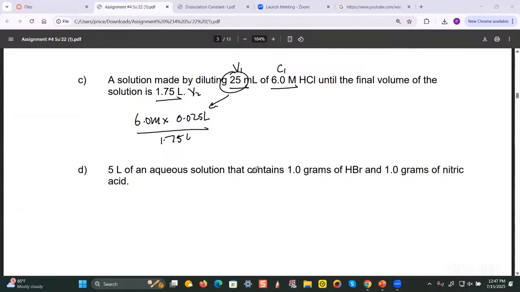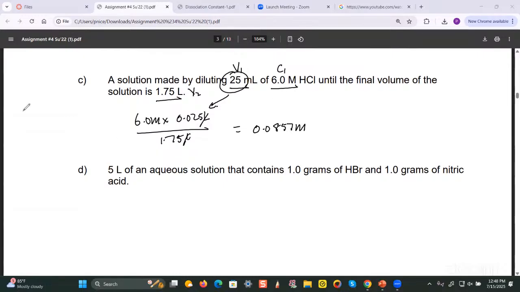Same result. Let's see what this gives: 6 times 0.025 divided by 1.75. According to my calculation, I got 0.0857, and the units would be M.